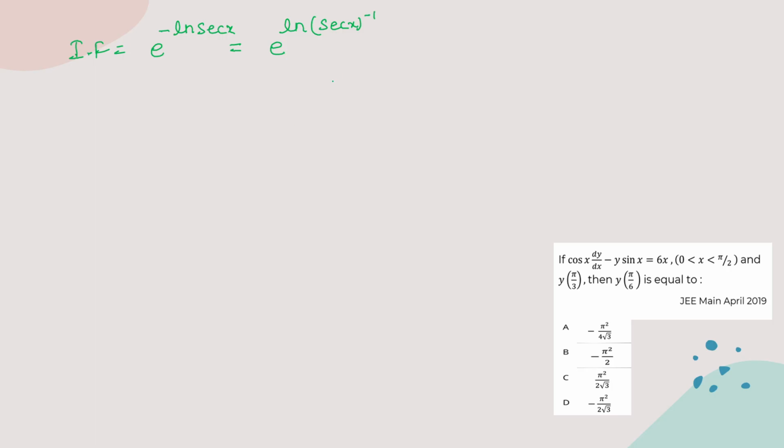And you know that we can write this as 1 by sec x, and 1 by sec x is nothing but simply cos x. So simply we can write e to the power ln of cos x. And ln you know already, it is nothing but base e. So the final answer is only cos x. So integrating factor value we will be getting cos x only. Is that clear?